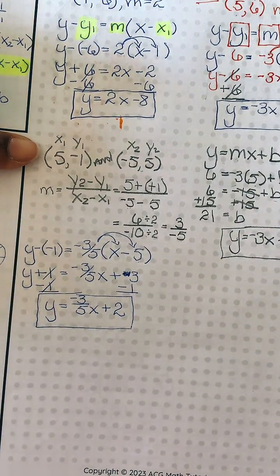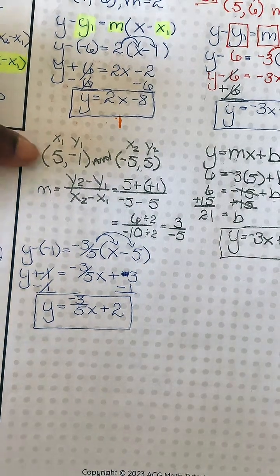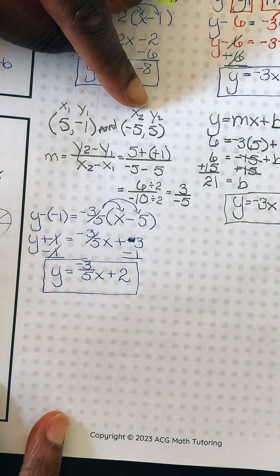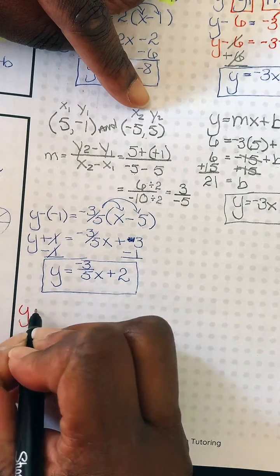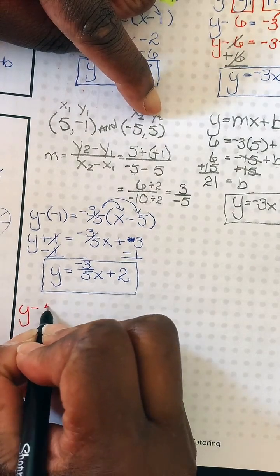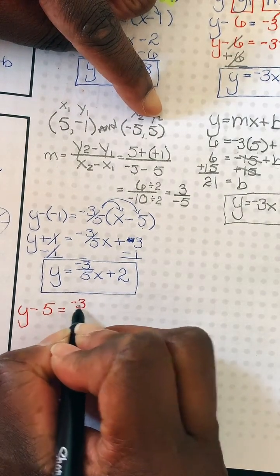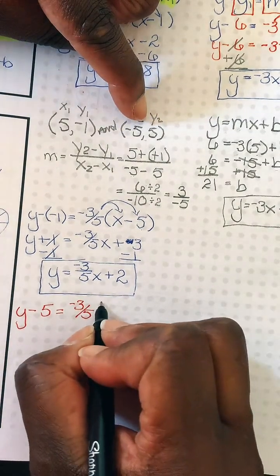Now, because I used the first point, I'm going to show you using the second point, so you can just follow along. Don't have to watch. So we have our y minus my y1, which is 5, equals my slope, which was a negative 3/5. I'm just using the second point to show you something.